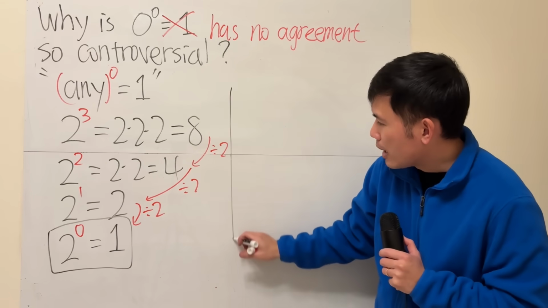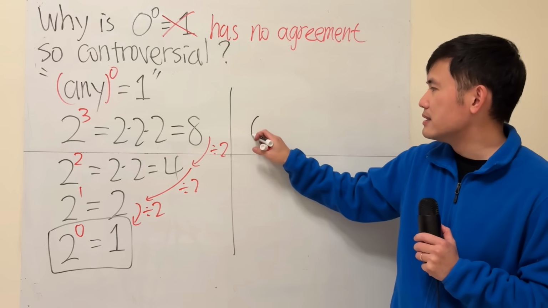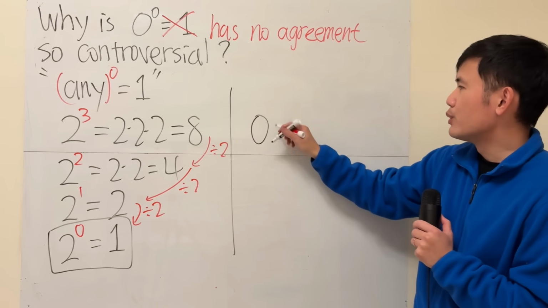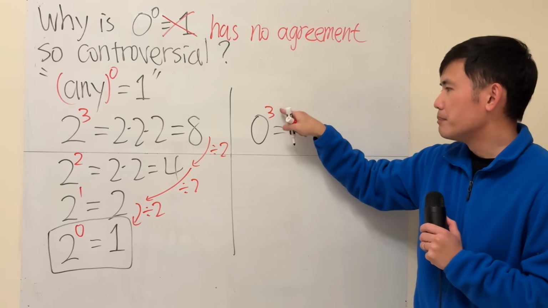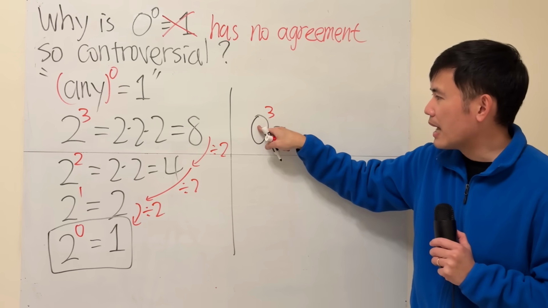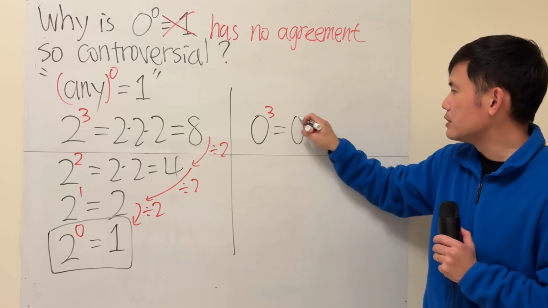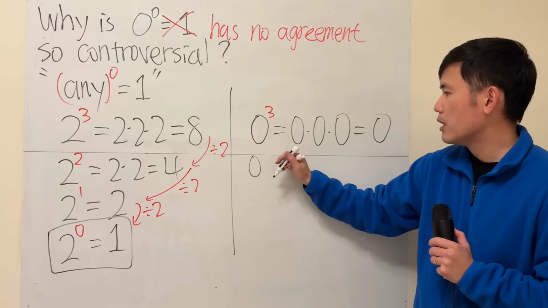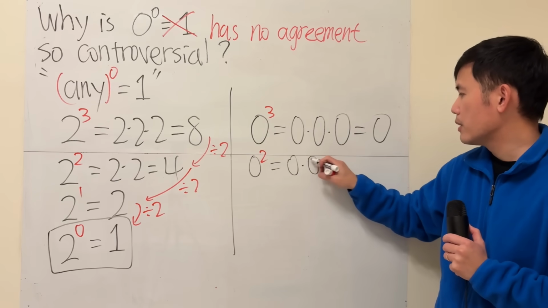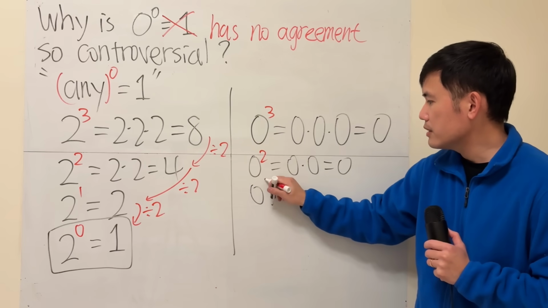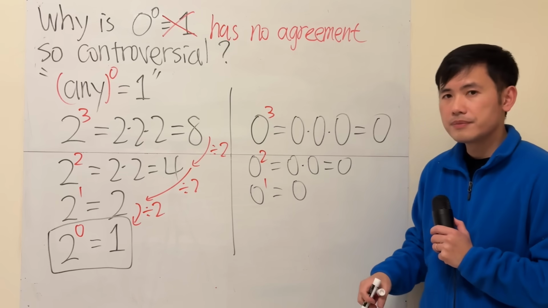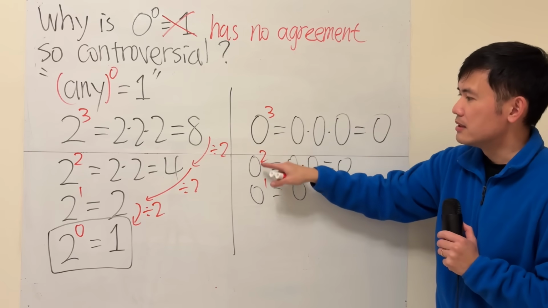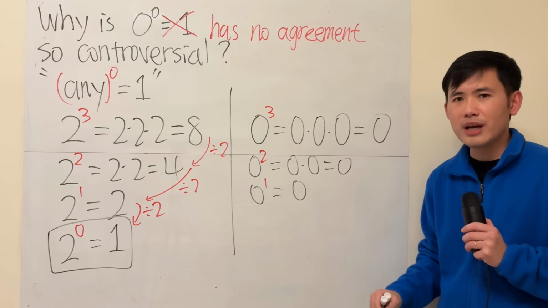You can have 17 to the 0th power, that will also give you 1 by doing the same thing. Now, the problem is what if the base happens to be 0? Let's try. If we have 0 to the 3rd power, yes, positive whole number, write down this many times. So 0 times 0 times 0, we get 0. Continue, 0 squared, 0 times 0, 0. 0 to the 1st works okay, 0. Now, it looks like as long as the base is equal to 0, all the results are just 0, right?